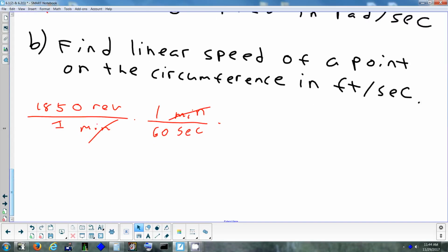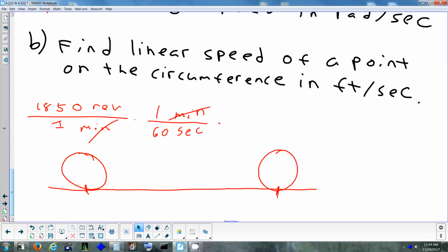So let's pretend this is our tire, and you mark a point on that tire. It might be easier just to mark the bottom. Here's the ground. You roll that tire along the ground until that mark gets back to the bottom again.